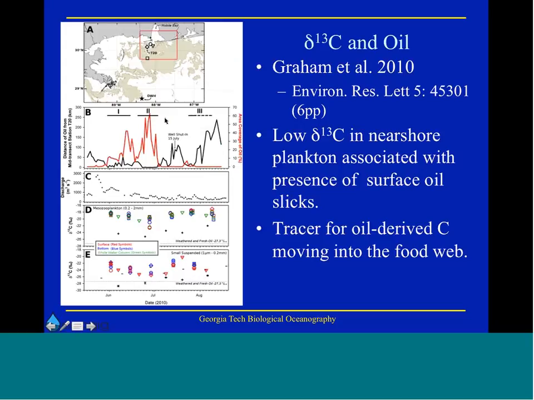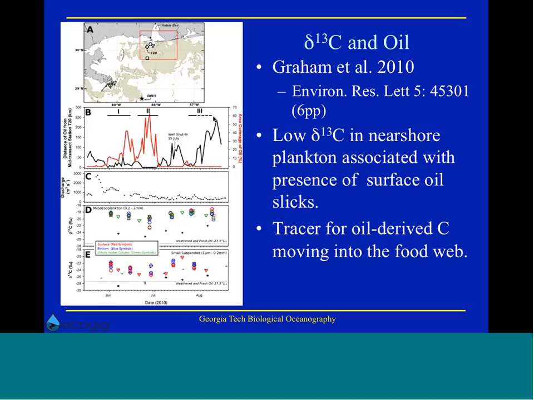Panel B shows two very important and interesting pieces of data. The black line shows, in rough terms, the distance of surface oil slicks from that study area. So where the black line is near the horizontal axis, there was oil in or very near that study region.